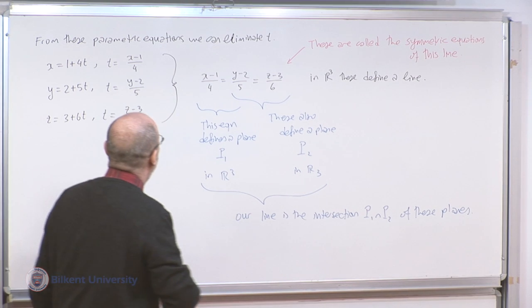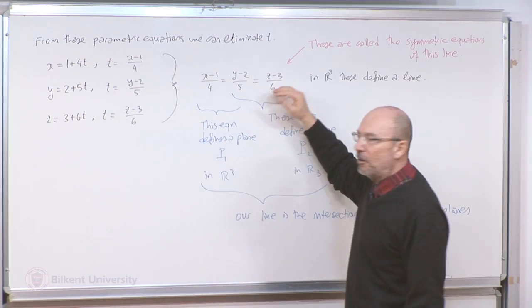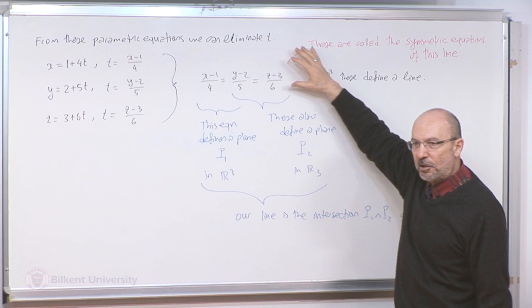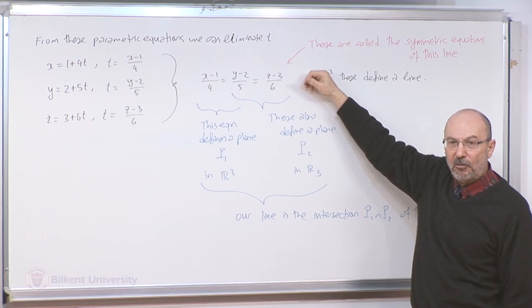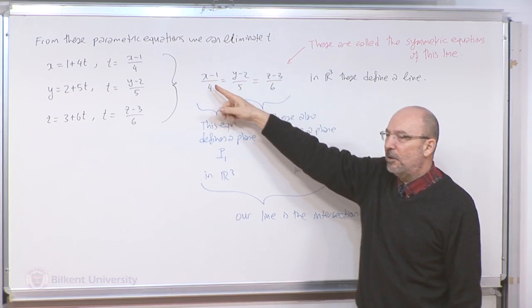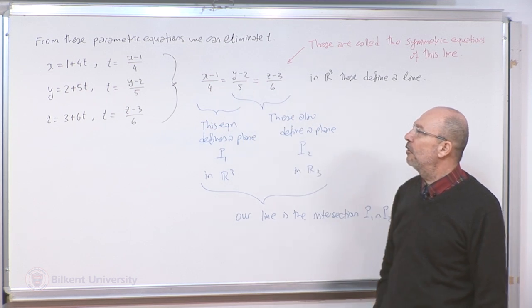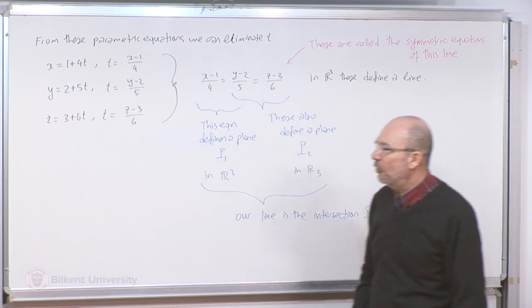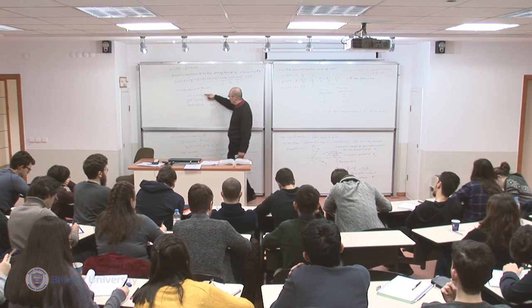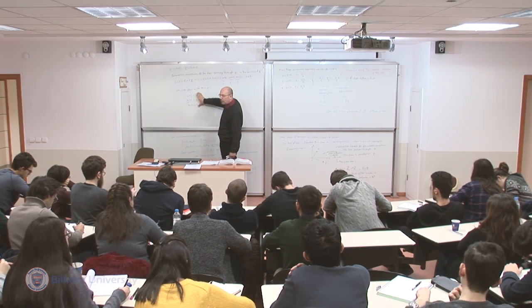Here you see that when we look at these symmetric equations, sometimes a symmetric equation will be given, and we read information from this. The line passes through this point, 1, 2, 3. You see that's true: when t is equal to 0, this point is on the line.